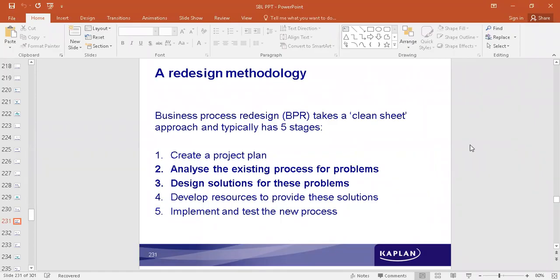A redesign methodology, business process redesign takes a clean sheet approach and typically has 5 stages. Create a project plan, analyze the existing process for problems, design solutions for these problems, develop resources to provide these solutions, implement and test the new process.